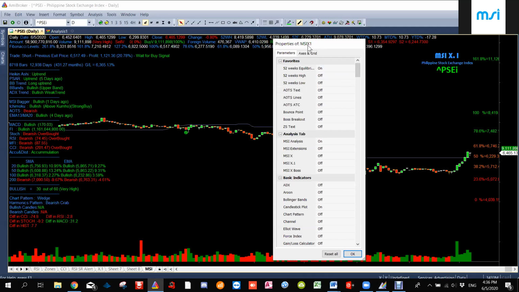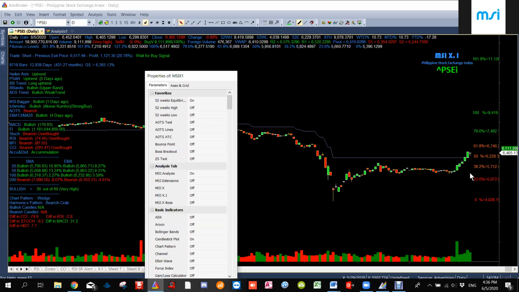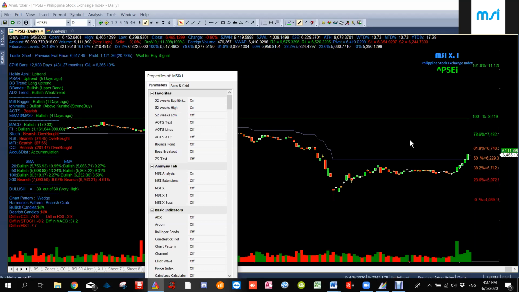Wherein sabi ko nga kanina, any price action below the equilibrium is considered to be bearish, and any price action above the equilibrium is considered to be bullish, and the target price will be the 52 weeks high, which is 8419.